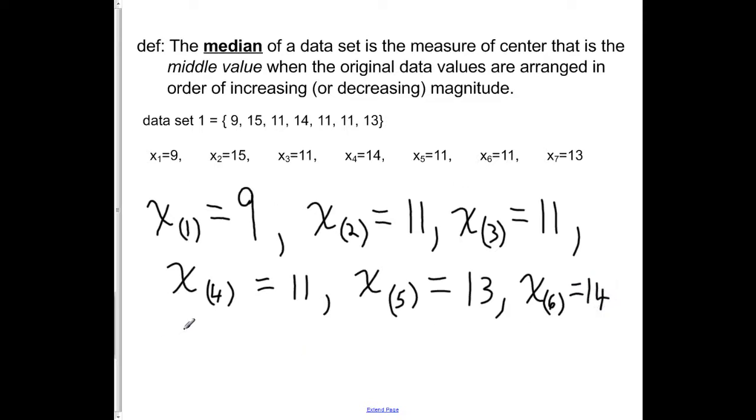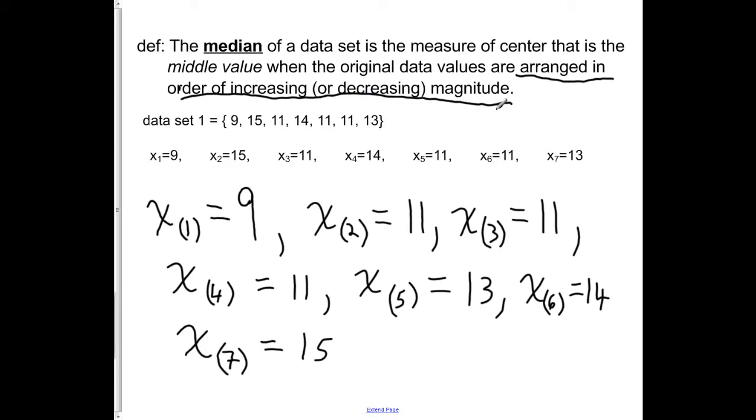And the largest value, the maximum value, x7, this largest order statistic, is 15. So there we've done the first part. We've arranged the values in increasing order of magnitude.